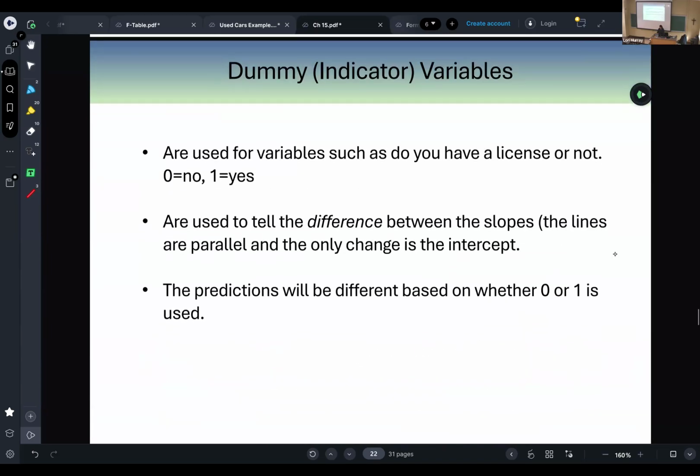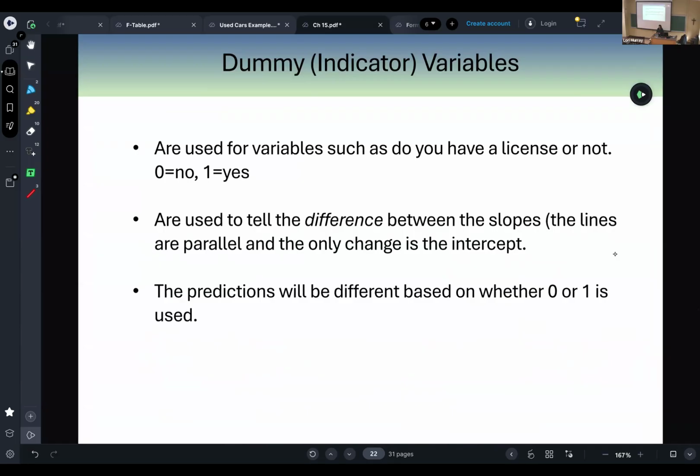Dummy variables. We call them dummy because they are categorical variables such as yes, no. For example, if I was going to use whether a customer has a driver's license or not, the answer is yes or no. There are no numbers, so we assign numbers to them. That's why they're called dummy variables, because we're just giving them numbers.